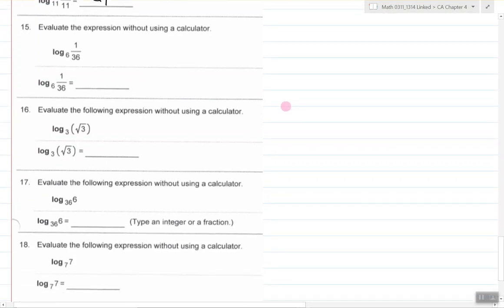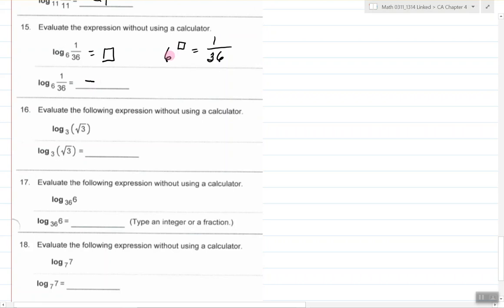Number 15. This is equal to something. Remember, log's always equal to the exponent. Base 6 raised to what power is equal to 1 over 36? Well, the fact that it's 1 over tells me that it's going to be negative.